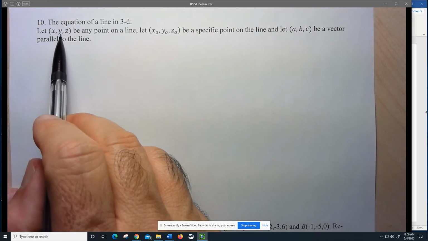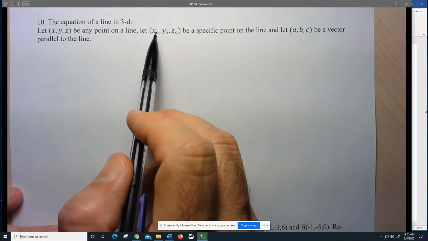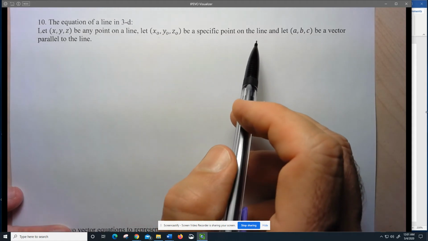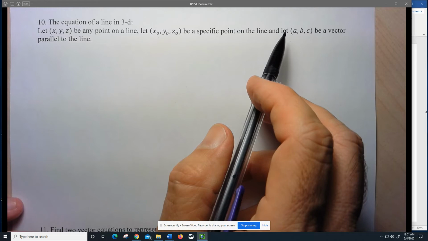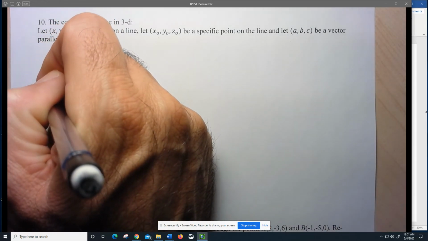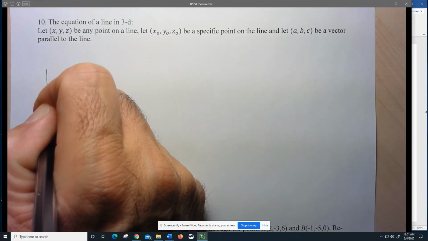We're looking for any point on this line. We're going to be given a specific point on the line, and a, b, c is going to represent our direction vector, which is some vector parallel to the line. So I'm going to draw essentially the same diagram as before, except in 3D.